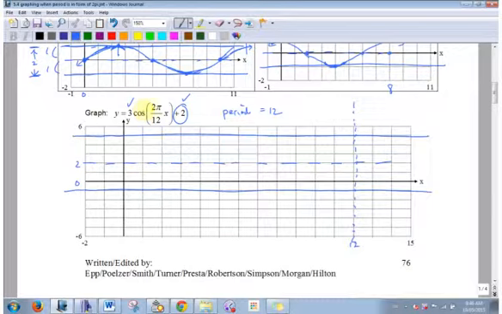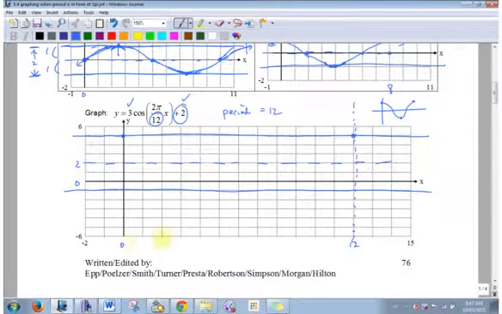It's a cosine, so it's going to start there at a maximum, and 12 units later, it's going to end there at a maximum, because cosine looks like that. Halfway in between, that's where my minimum's going to be.